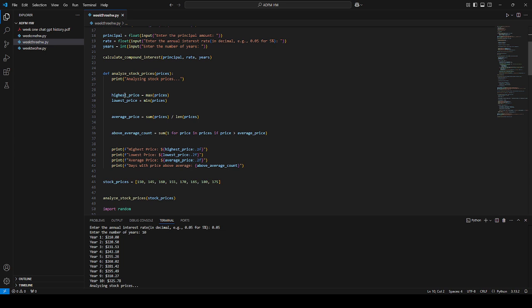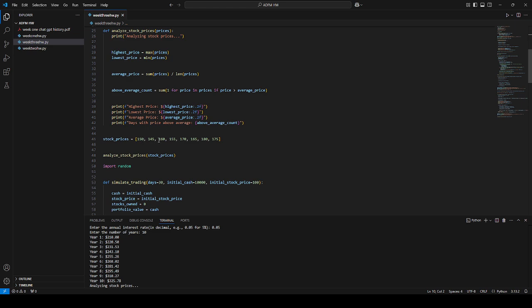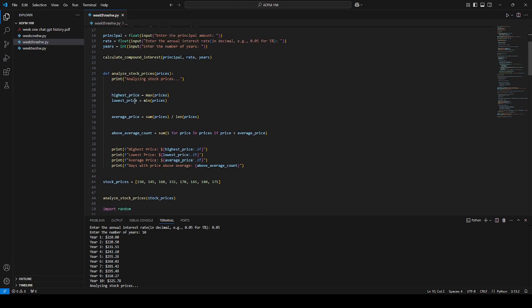So this max price will be the highest price, and it finds just the highest price on the list. And this is the list that we're grabbing it from. And this lowest price will find the minimum price of our list. The sum and len will calculate the average by summing all the prices and then dividing by the number of prices that are in the list.